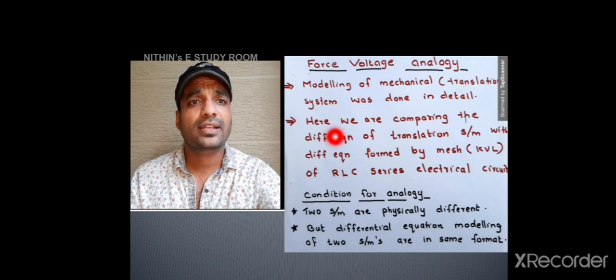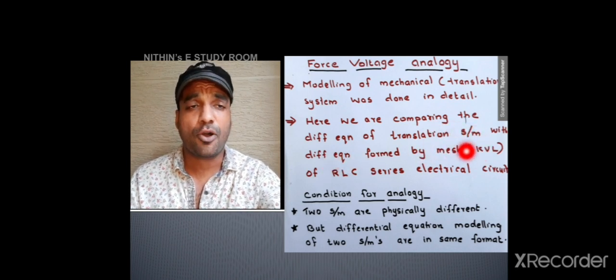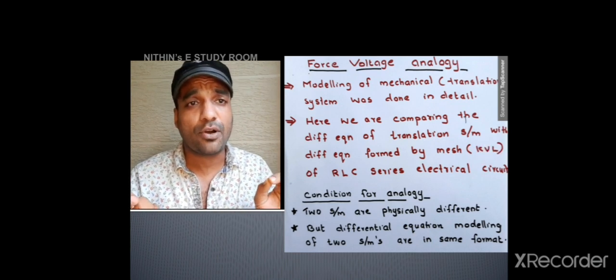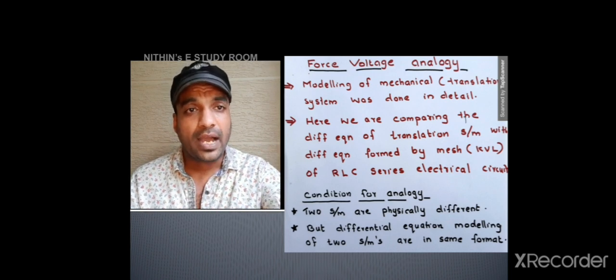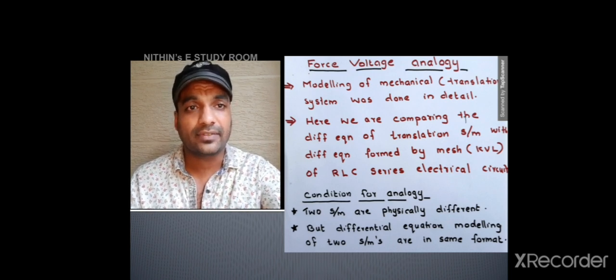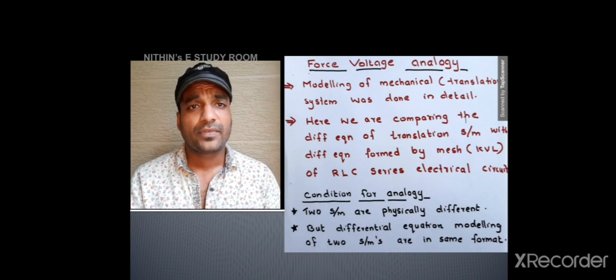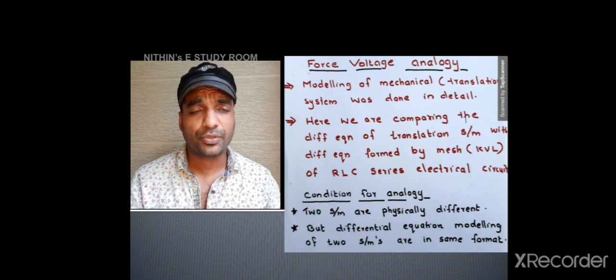Here we are comparing the differential equation of a translational system with the differential equation formed by a mesh equation or KVL equation of an RLC series electrical network. That is the important point. We are taking an RLC series electrical network. Don't be confused.